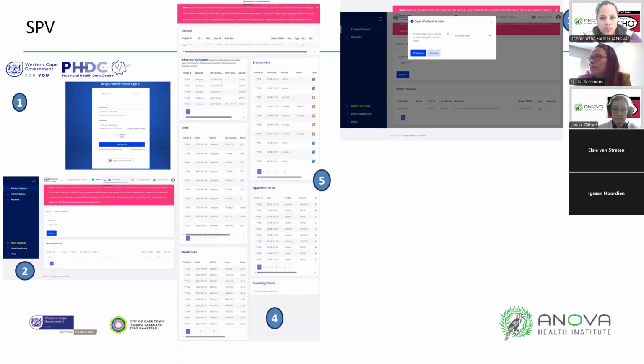Once you've selected, we have different health information systems that feed in. If you enter a patient folder number, the system will triangulate from the different systems for this specific patient.